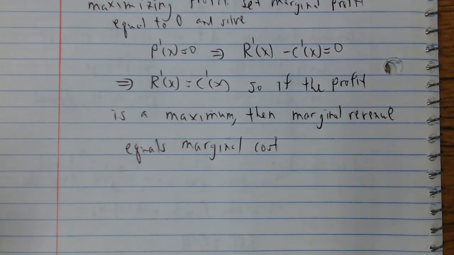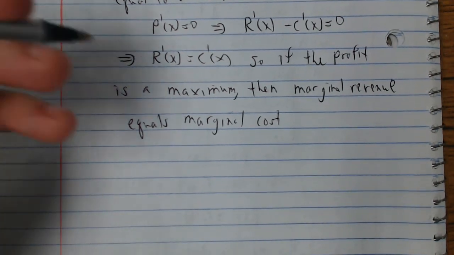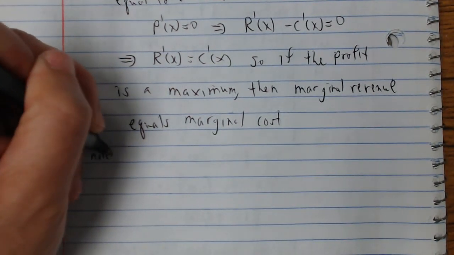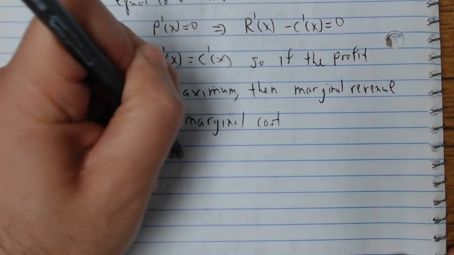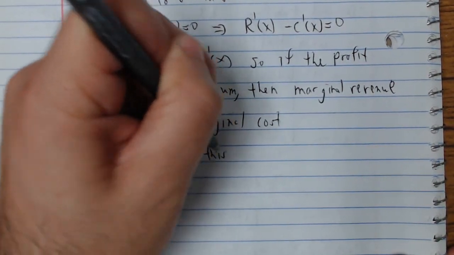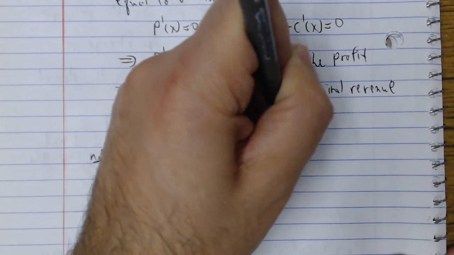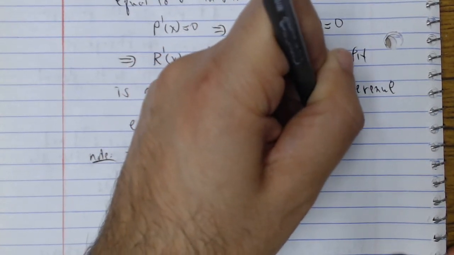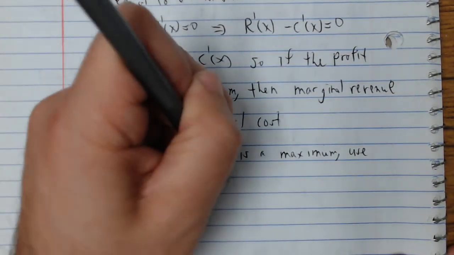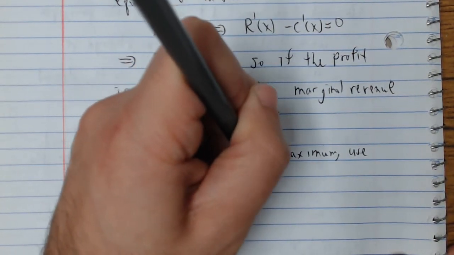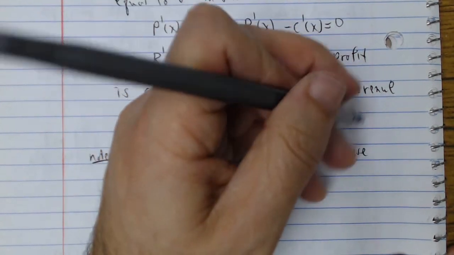We could use the first derivative test or the second derivative test. So that's why I write this comment out here. To ensure this is a maximum, use the first or second derivative test.